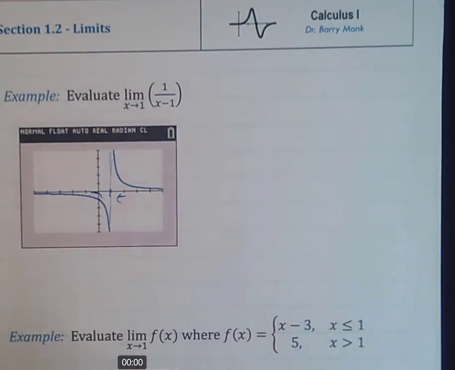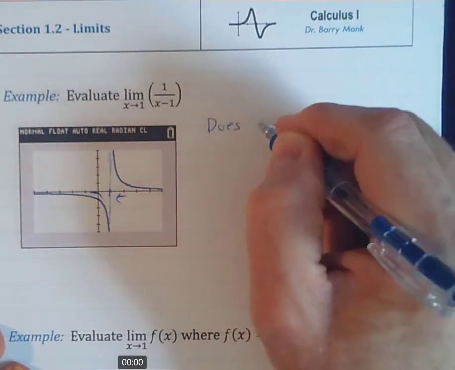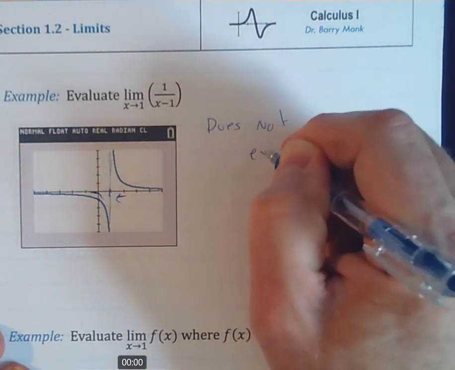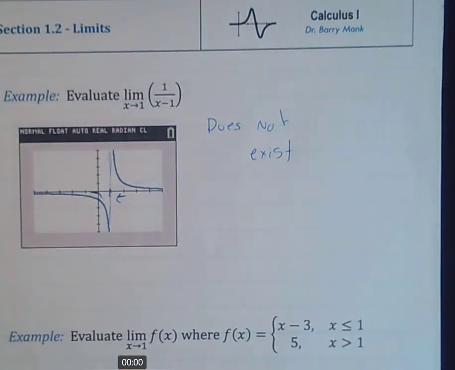So again, like we did in that last example, coming from both directions, they're going to different values. In the extreme case here, one's going to negative infinity, one's going to positive infinity. And so again, here's an example where the limit does not exist. That general limit only exists if they approach the same thing coming from the left and from the right.